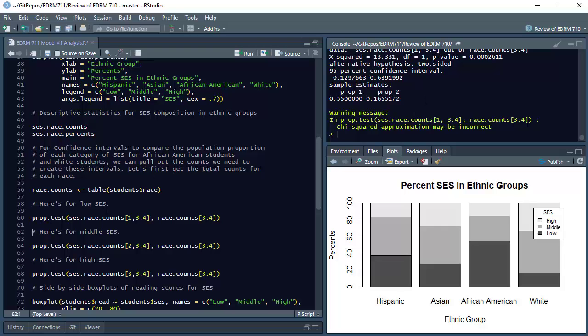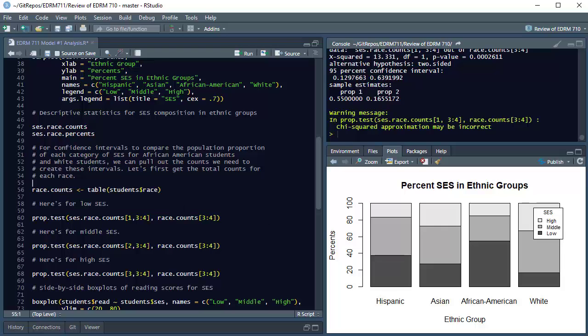Now let me think about yours for a minute. You're going to be doing SES within school type. So instead of having all these multiple comparisons like I do, where I'm doing low to high, middle to high, doing it for African American to white, Hispanic to white, Asian to white, and so forth.